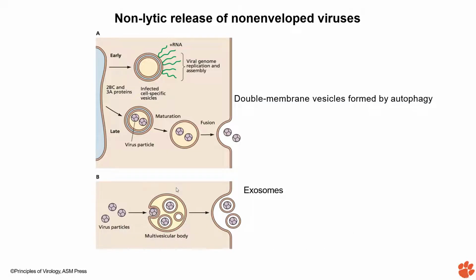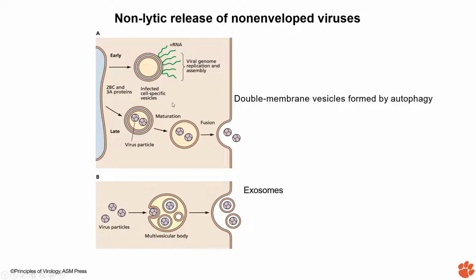But there are some exceptions. In this process, the non-lytic release of the non-enveloped virus, what happens, for example, for the polioviruses, is that the poliovirus makes double membrane vesicles, and on top of them the RNA is synthesized.